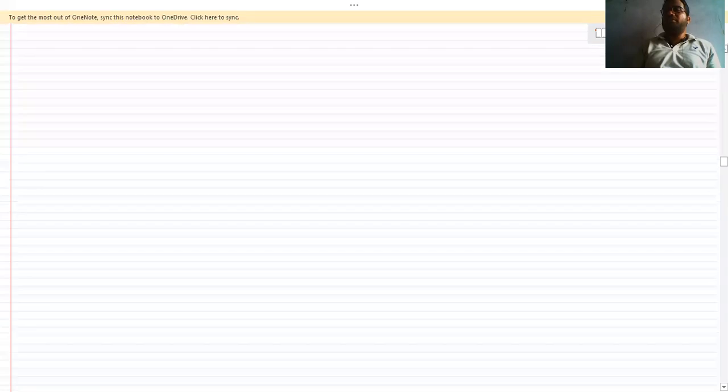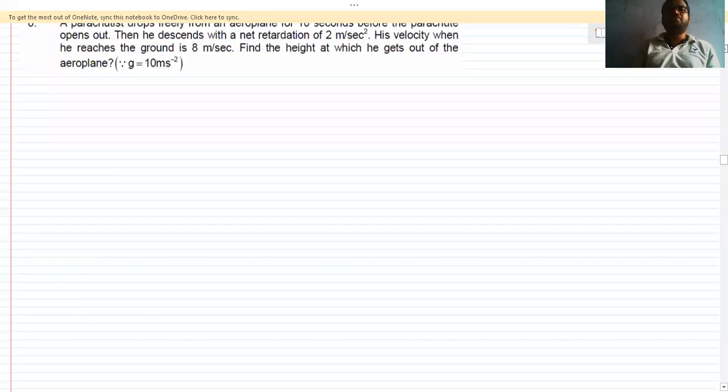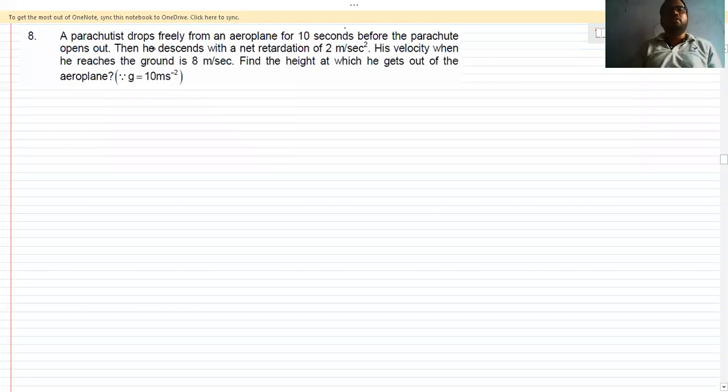So this is the seventh question which we have. Now eighth question, as you can see over here, a parachutist drops freely from an aeroplane for 10 seconds, right? One parachutist is there who drops freely, so this is the parachute which we have.